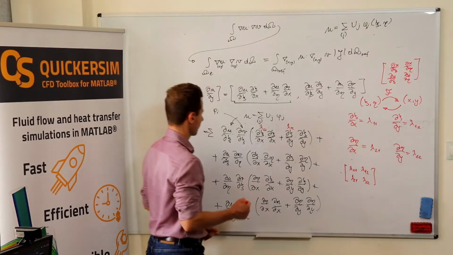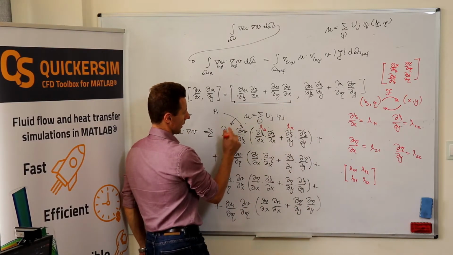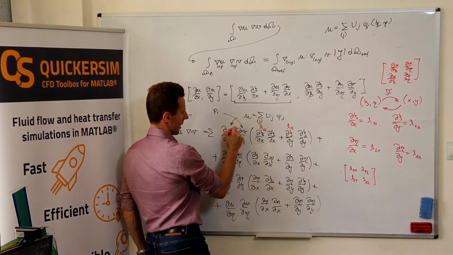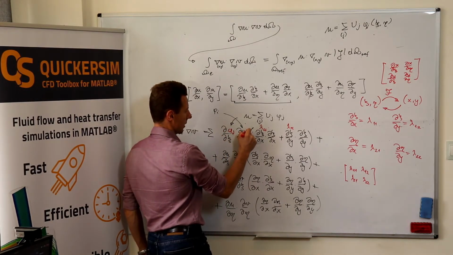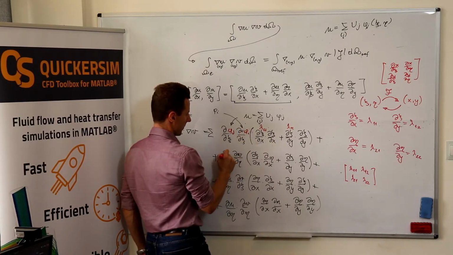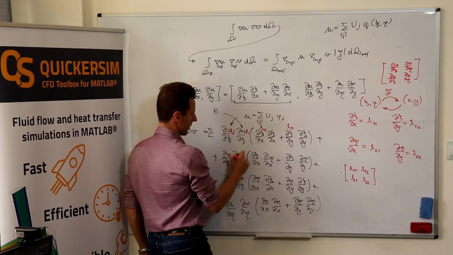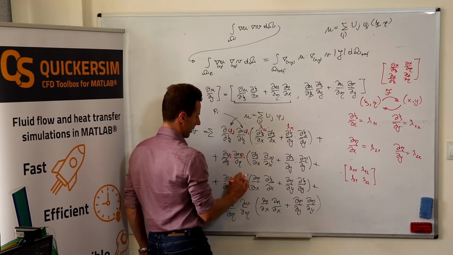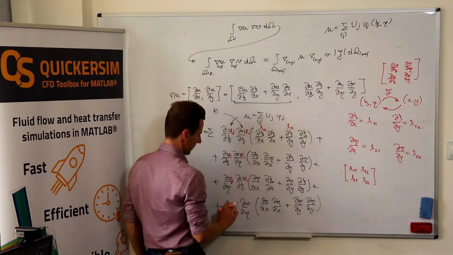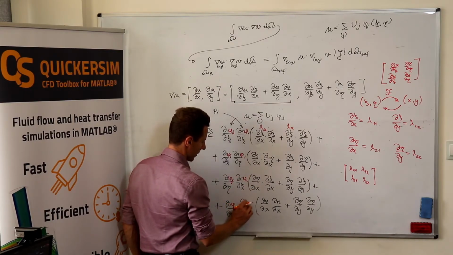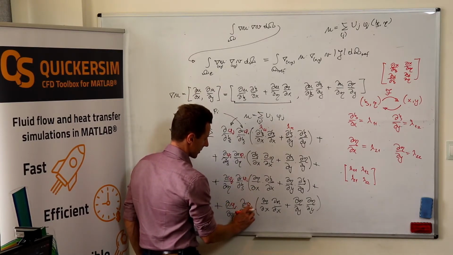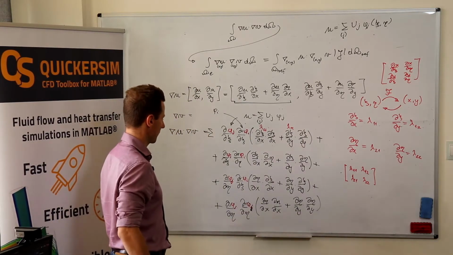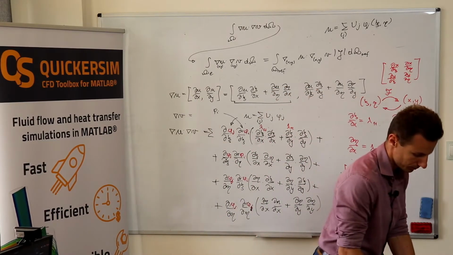Maybe I did it a bit wrong. Then for matrix calculation, you would have everywhere here phi i, phi j, phi i, phi j, phi i.